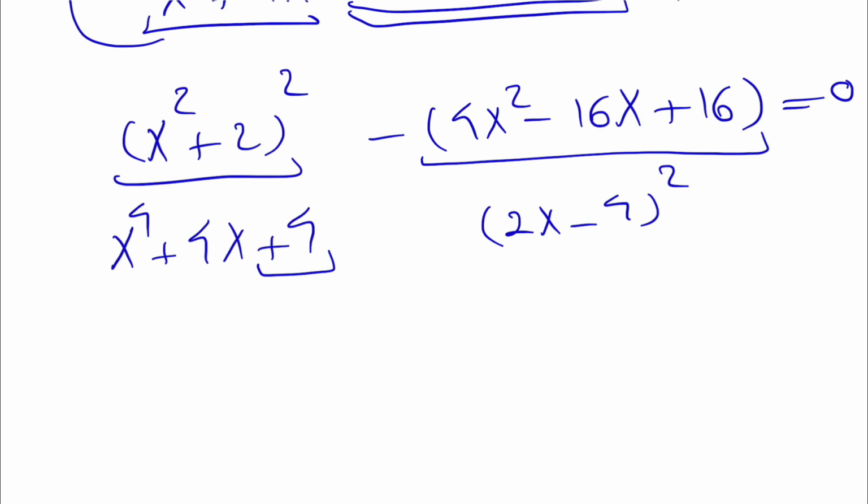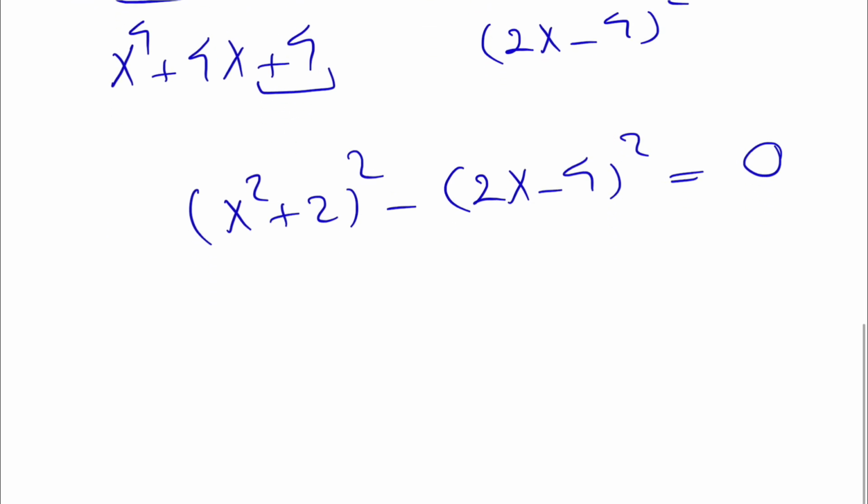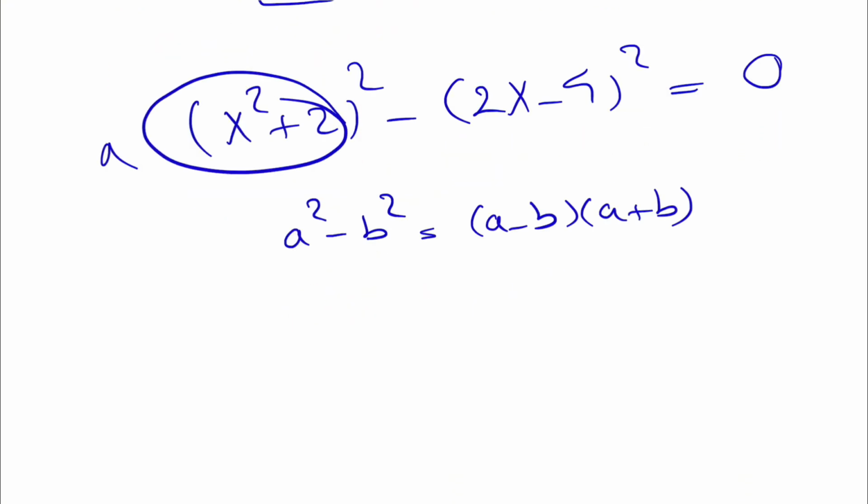So what we get at the end of this will be (x squared plus 2) to the power of 2 minus (2x minus 4) to the power of 2 is equal to 0. And this is a very familiar expression for us. We have a difference of squares, and we know a squared minus b squared will be (a minus b) times (a plus b). And there we go, we have our a in here, our b in here.